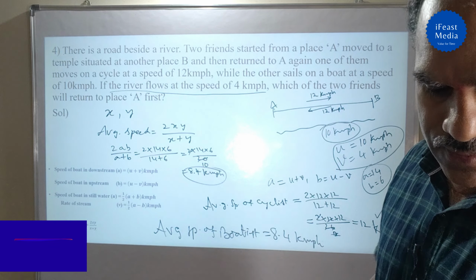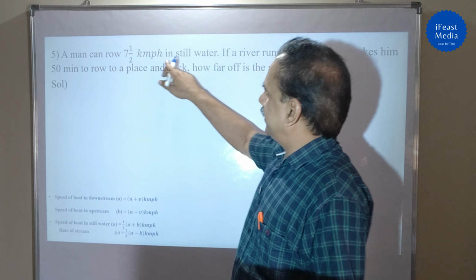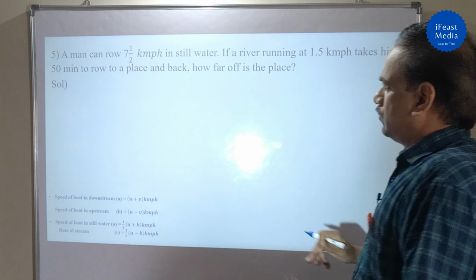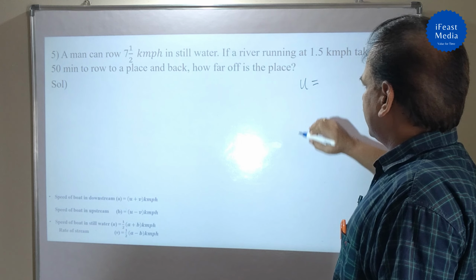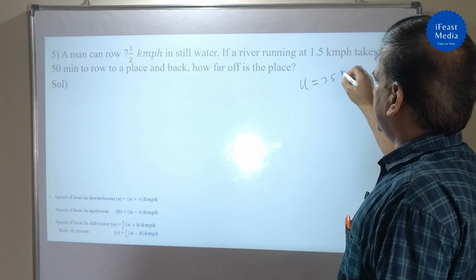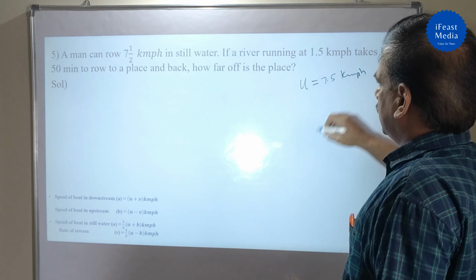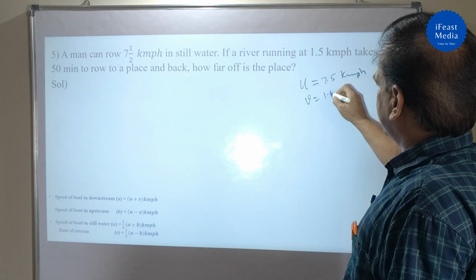So coming to this problem, a man can row at 7.5 kmph in still water. So what does it represent? It is u, the speed of the boat in still water, so it is 7.5 kmph. If a river is running at 1.5 kmph, that means V is 1.5 kmph.